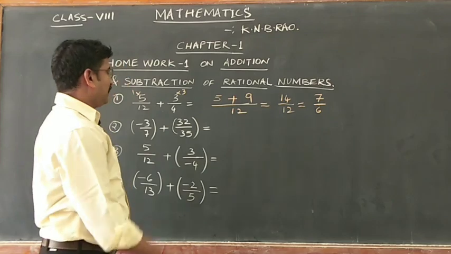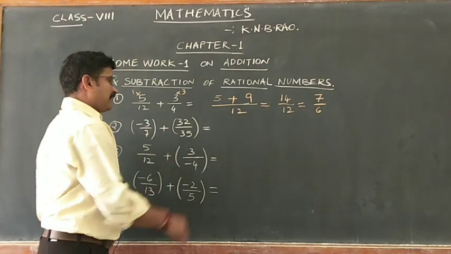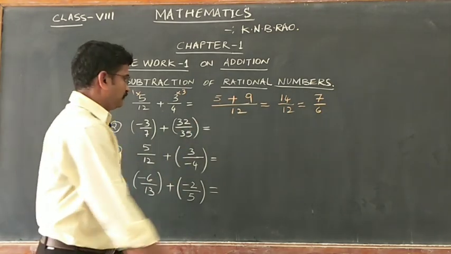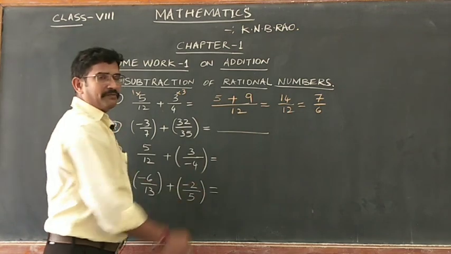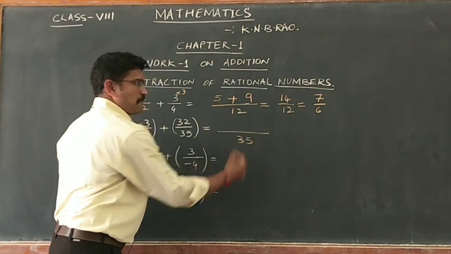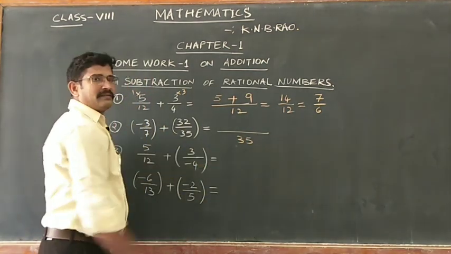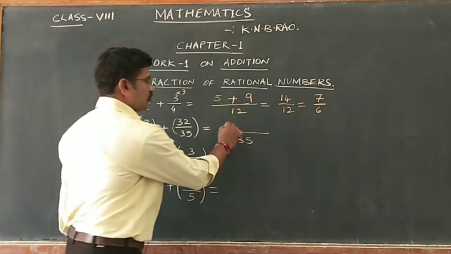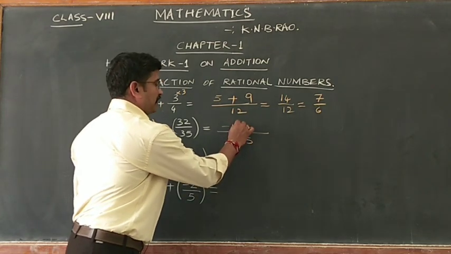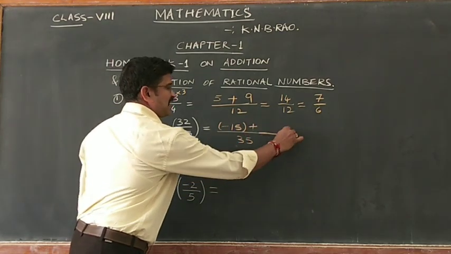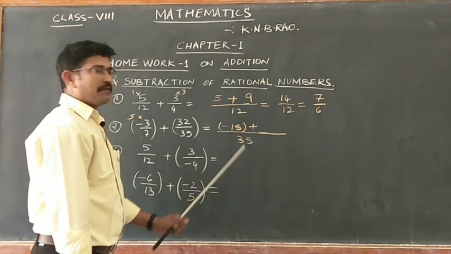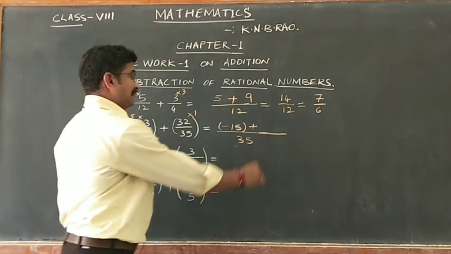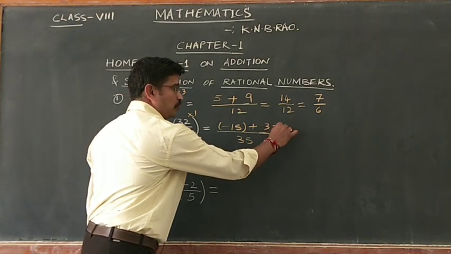Then next one, minus 3 by 7 and 32 by 35, individually they are already in standard form. LCM of 7 and 35 is 35. Then 7 in 35 is 5 times, 5 multiplied by minus 3 gives minus 15, and plus, 35 in 35 is one time, so 1 multiplied by 32, 1 thirty-twos are 32.